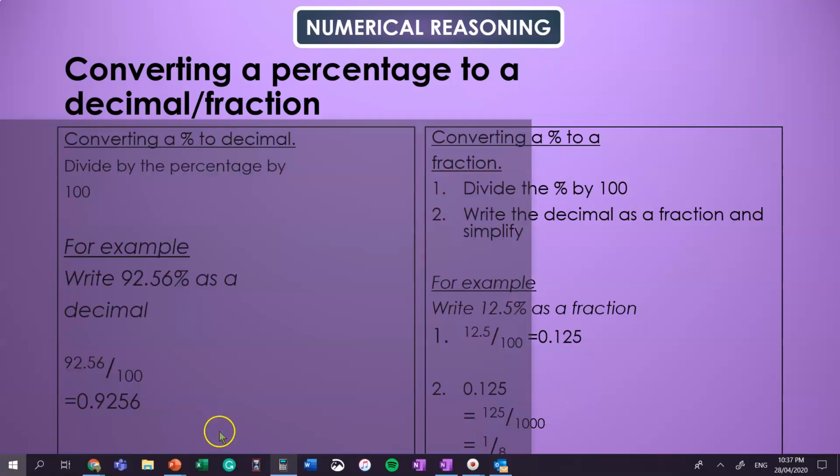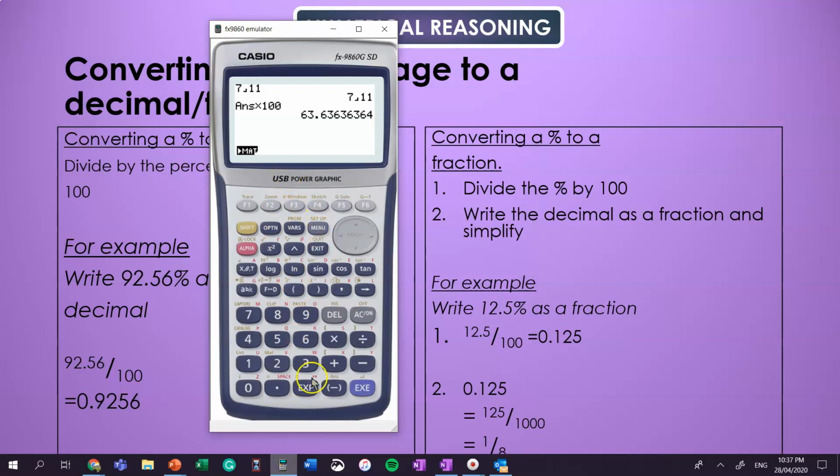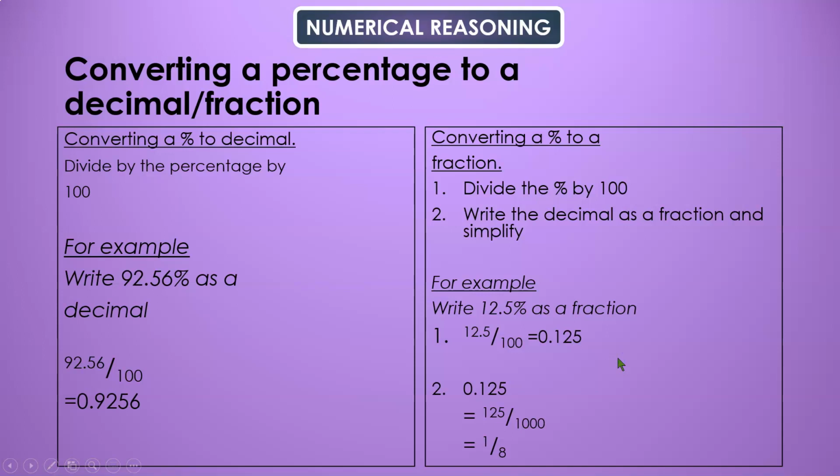So again, getting our calculator, I want to convert 12.5%, so 12.5 divided by 100 gives me a decimal. I press F to D and it goes to 1/8. So if we're using the other Casio calculator, S to D instead of F to D, and that gives us our answer of 1/8, which is what we've got.